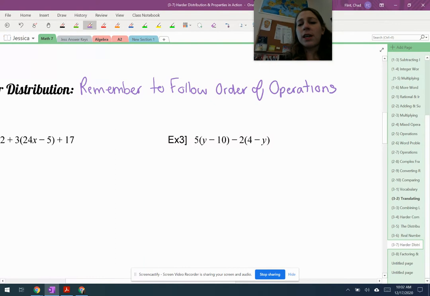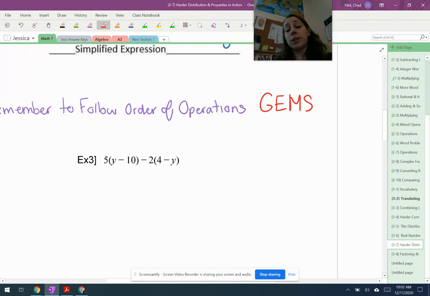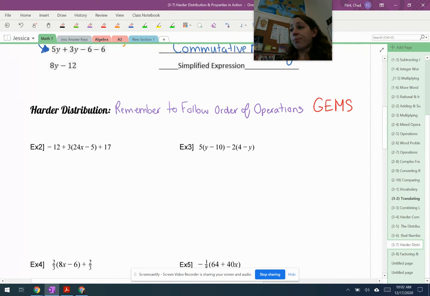And when we say order of operations, we mean GEMDAS: groupings, exponents, multiplication and division, then subtraction and addition.